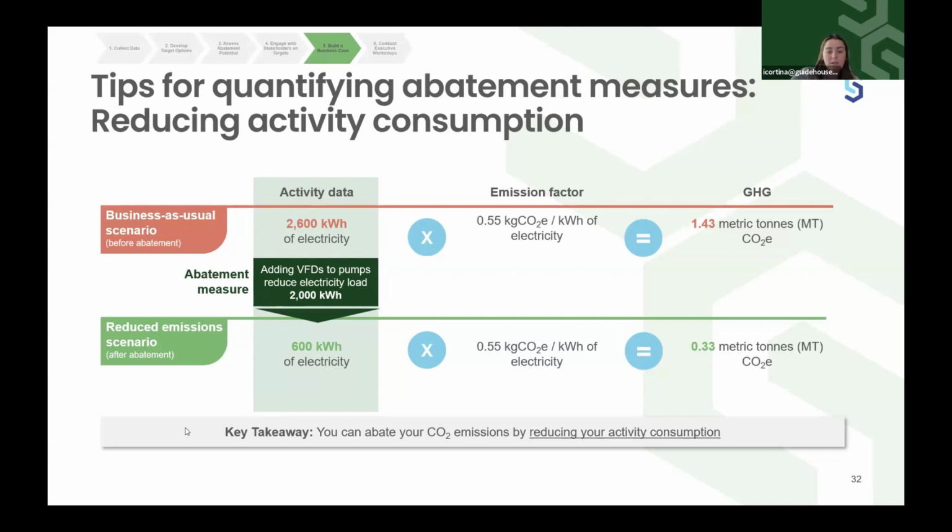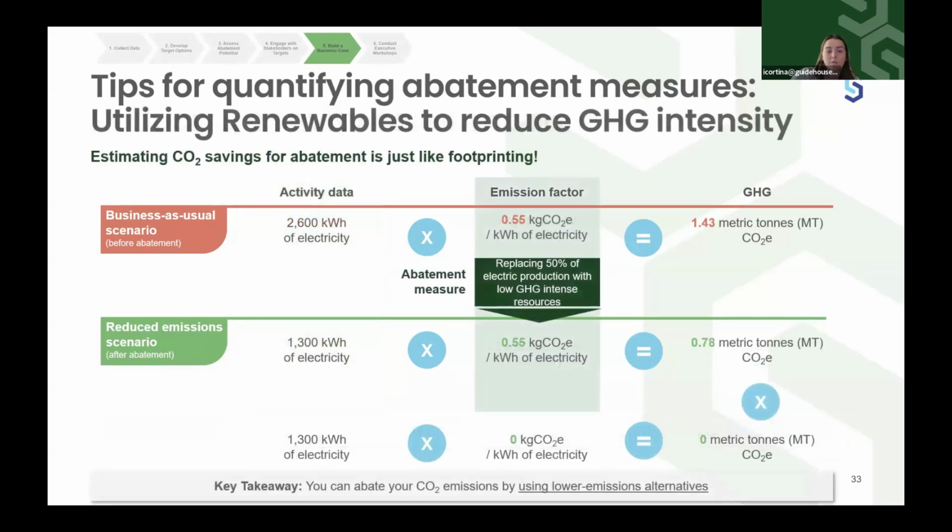Let's also take a minute to talk about what happens when you change the electricity source, which you can see on this example here. In this example, no changes to the equipment are made, and so the activity nets out the same. But in this example, now 50% of energy that's being consumed comes from a renewable energy resource.